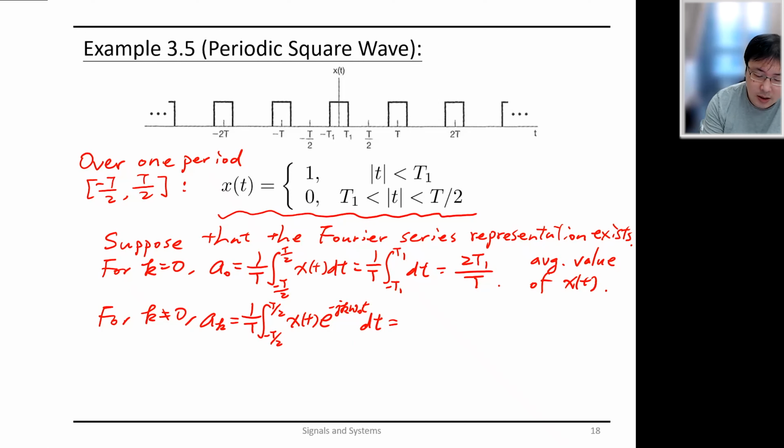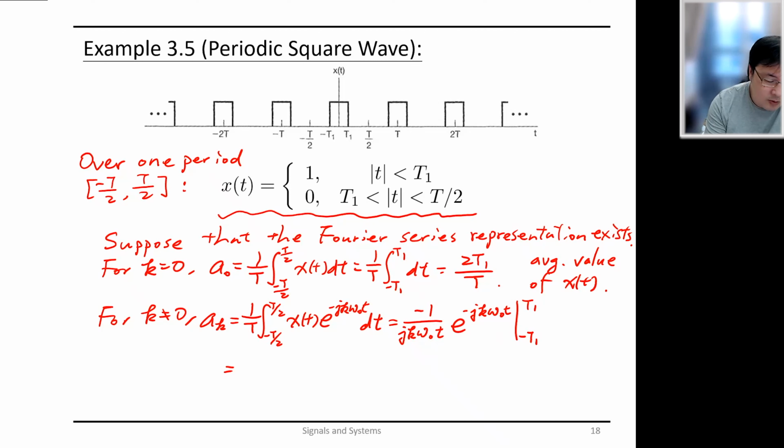So what you get is minus 1 over j k omega naught T, e to the minus j k omega naught t, from minus T1 to T1. If you plug this in, you get this with T1 minus the same thing with minus T1.